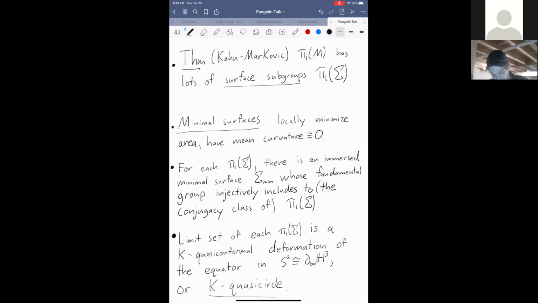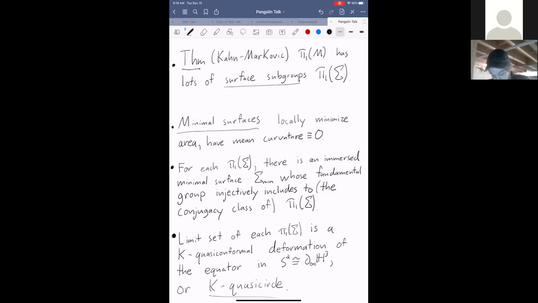Right, so the next bullet has some terms which I'll explain. The limit set of each of these surface subgroups is called a K quasi-conformal deformation of the round equator in S2, thought of as the boundary at infinity of 3-dimensional hyperbolic space.